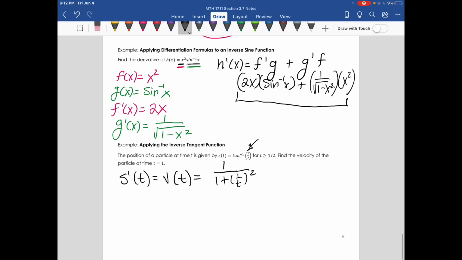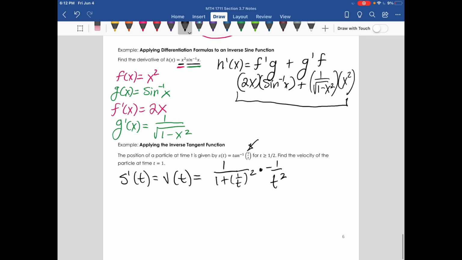And then I have to multiply it by the derivative of our inner function using the chain rule. And so we have to take the derivative of 1 over t. You could either use the power rule or you can use the quotient rule, but either way, when you take the derivative of 1 over t, you're going to get negative 1 over t squared.